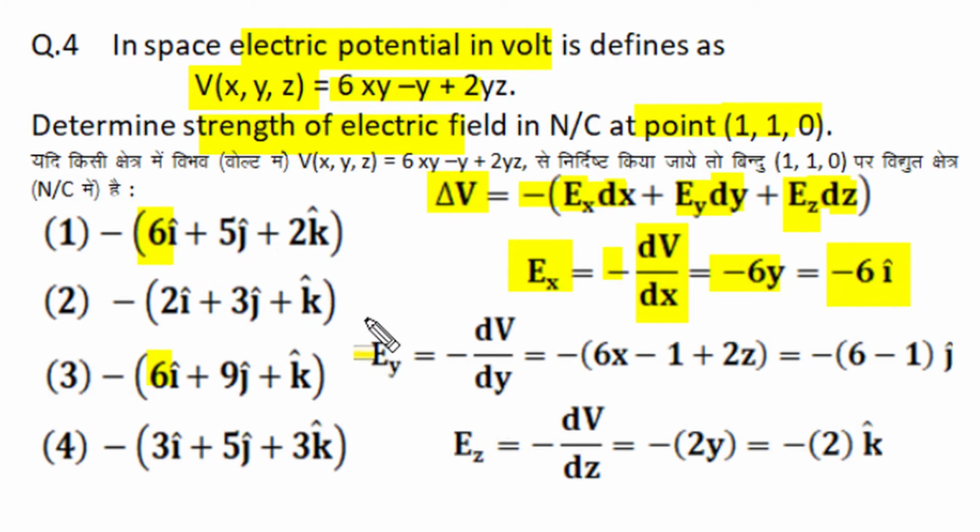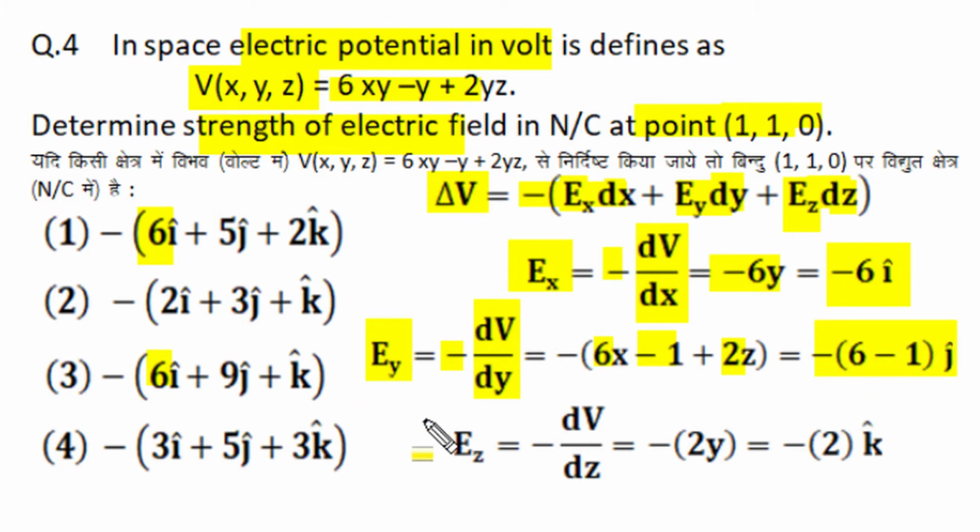Similarly, the y component is obtained by the partial derivative of potential with respect to y displacement with a negative sign, and for this differentiation we keep x and z constant. So the first term becomes 6x, the second becomes minus 1, and the third becomes 2z, and the z coordinate of the observation position is 0, so this term becomes 0. x is 1, so this is 6 minus 1, with the negative sign, minus 5j.